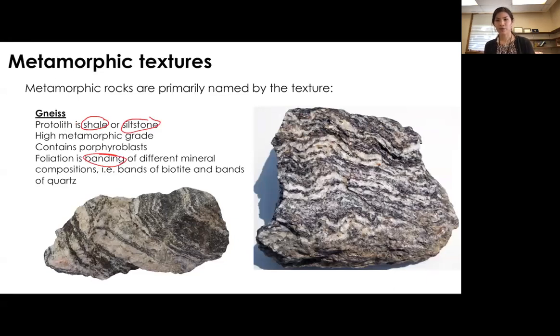For rocks that are formed from shales and siltstones, these are often alternating layers of biotite and quartz. These also contain porphyroblasts, so you can see some very small red dots in here, and these are likely very small garnets that formed.